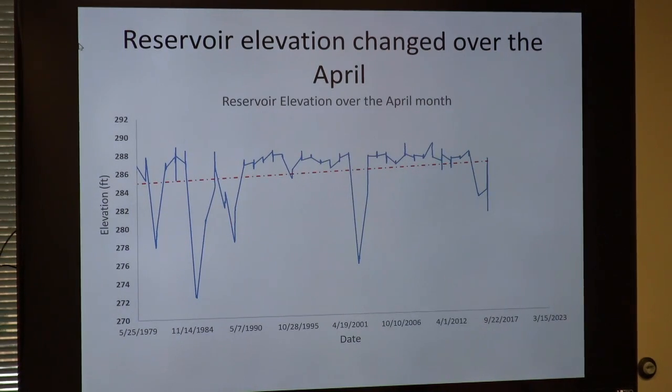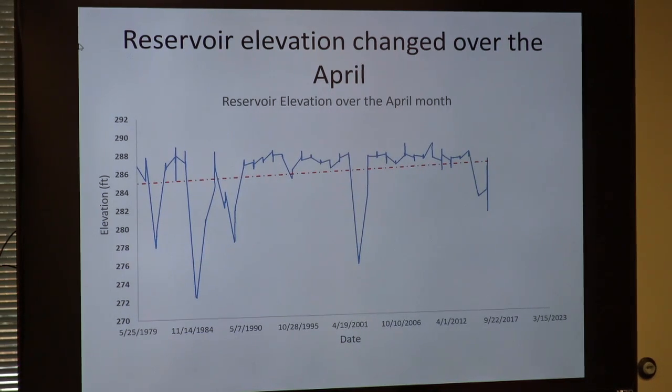And just a snapshot here to show how the reservoir elevation looks for the month of April. We do have these for other months too. We put April here because it's immediately after March, the March peak flow event. How does the reservoir respond to the low flow situation immediately after the spring runoff ends?